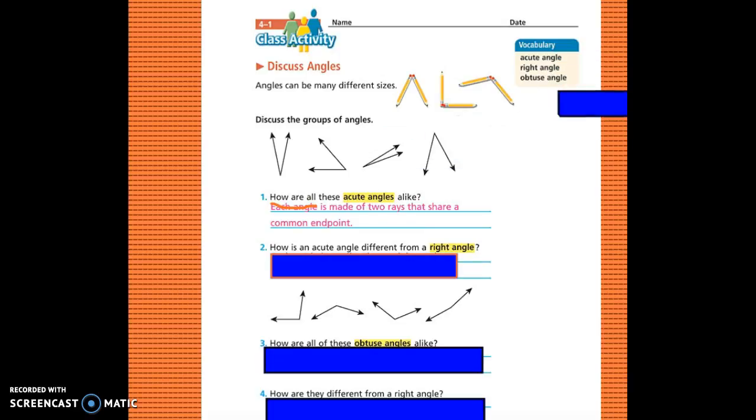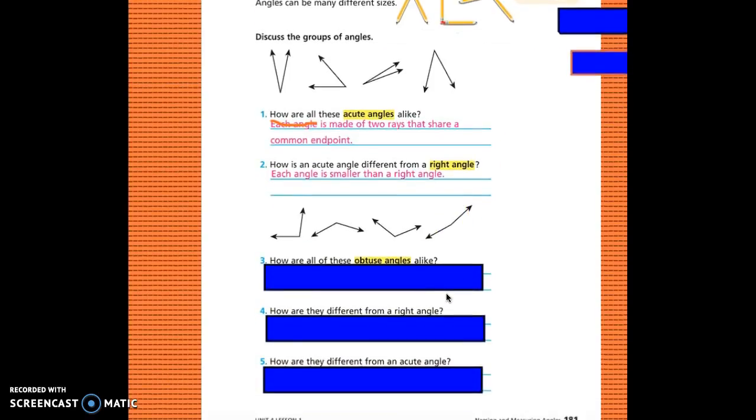They have a common endpoint. Okay, there's the endpoint. And how are they different from a right angle? Well, if I remember back, my right angle had a 90-degree angle, and all of these are less than 90 degrees. So that's how they're different from a right angle. They are less than a 90-degree angle, or smaller than, as they put it.